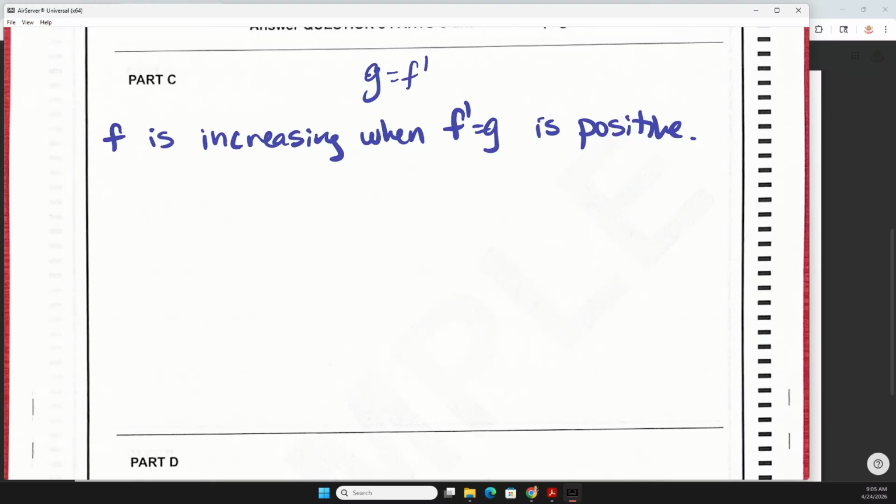All right, the other thing was about concavity. So if we have the graph of f prime, how would we know when f is concave up? When f prime is increasing. Very good.